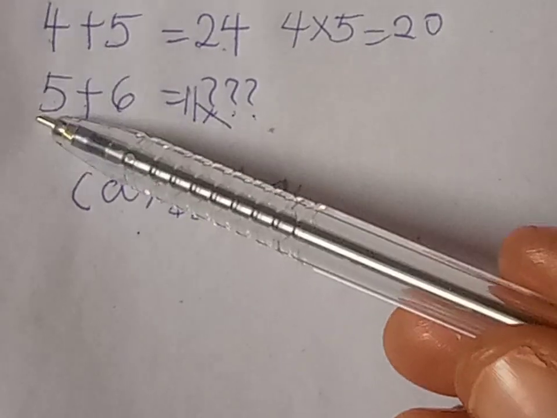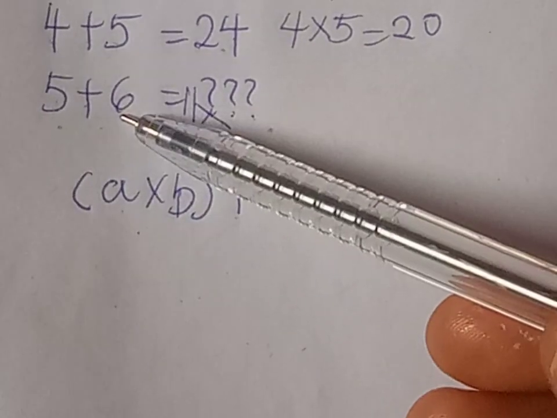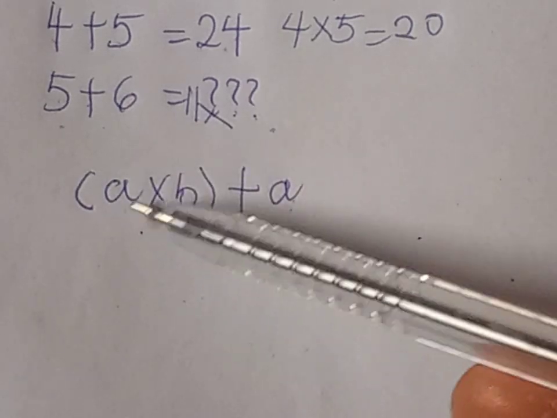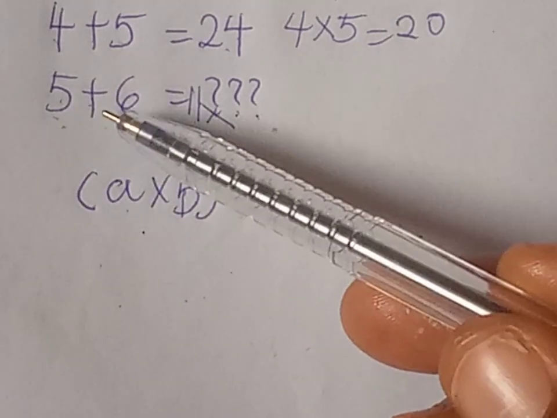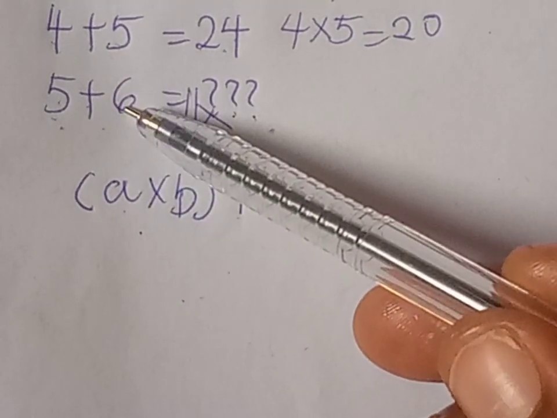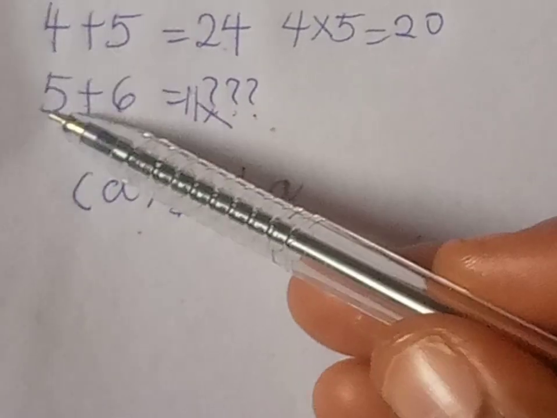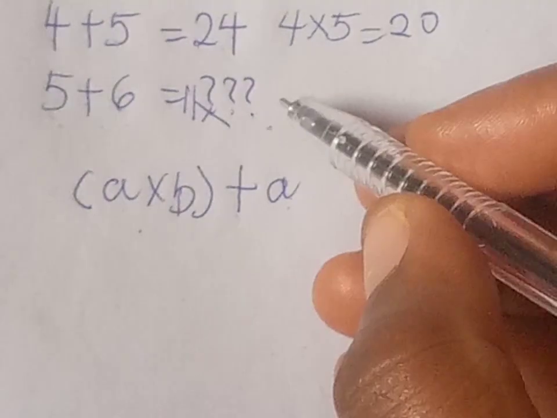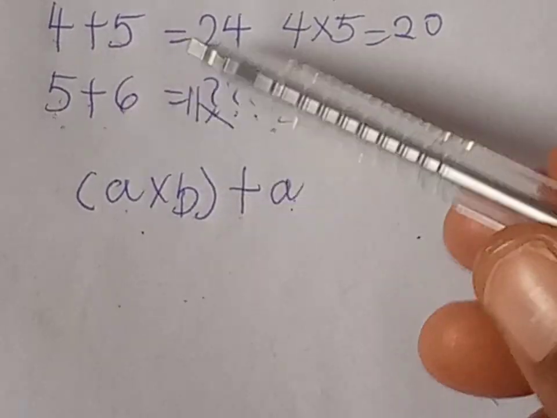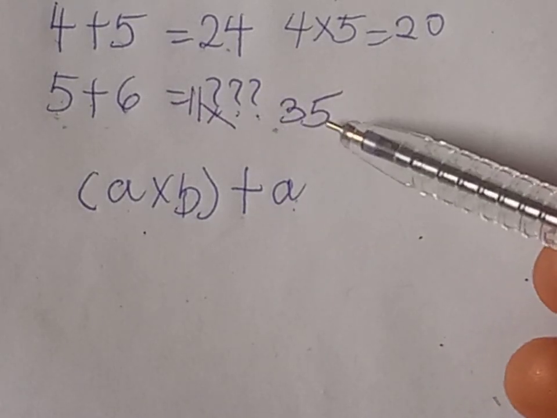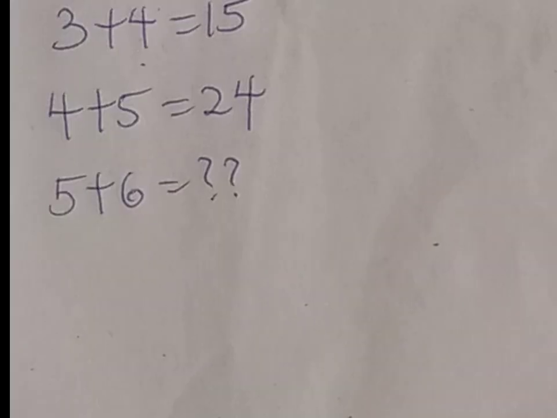Now let's solve 5 plus 6 using this formula. So we have what? 5 times 6, which will give us 30. 30 plus 5 will give us what? 35. So 5 plus 6 in this puzzle will give us 35.